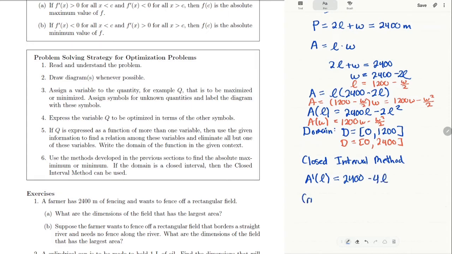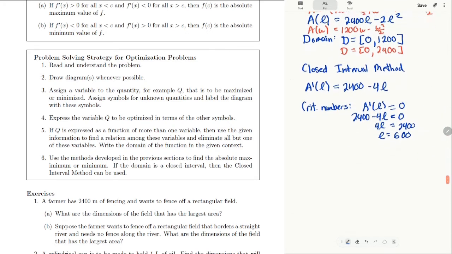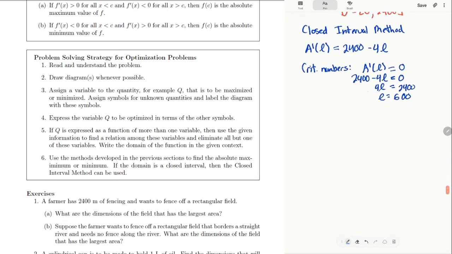The critical numbers can be found if we set the derivative equal to 0 and then solve for L. So we have 2400 minus 4L equals 0. So 4L equals 2400, so that gives us that L is 600. And again, the units are measured in meters.